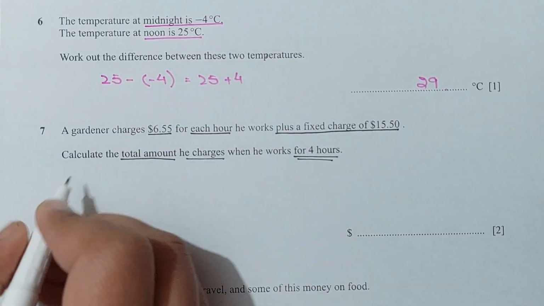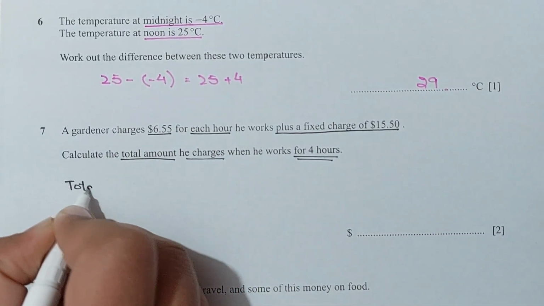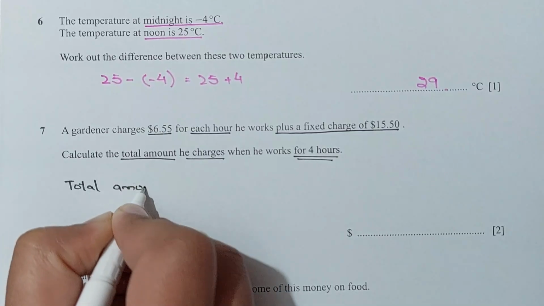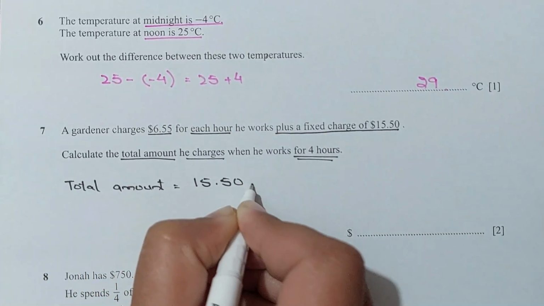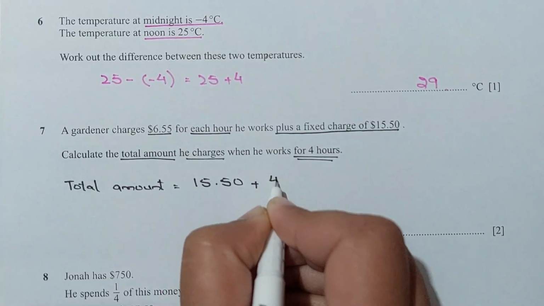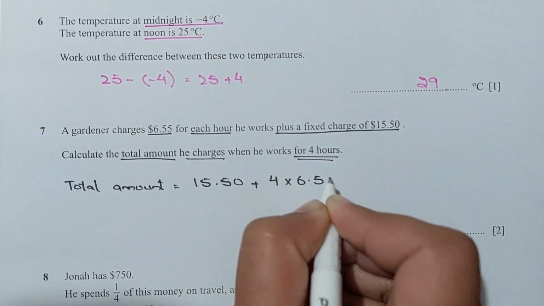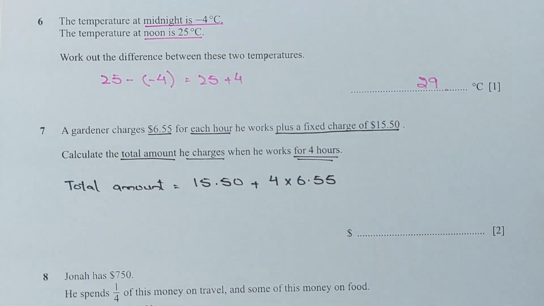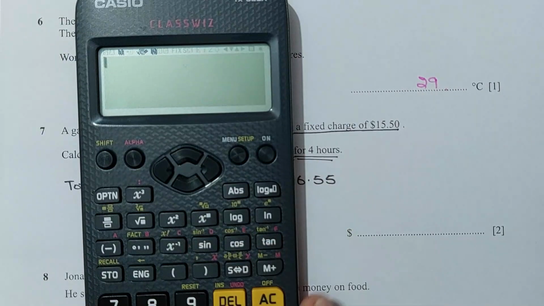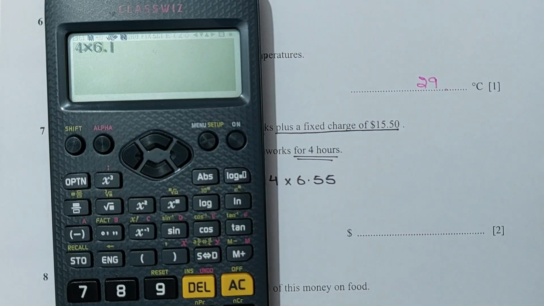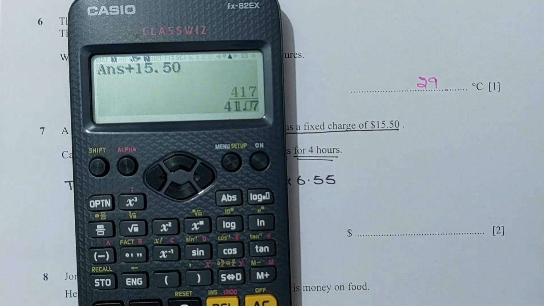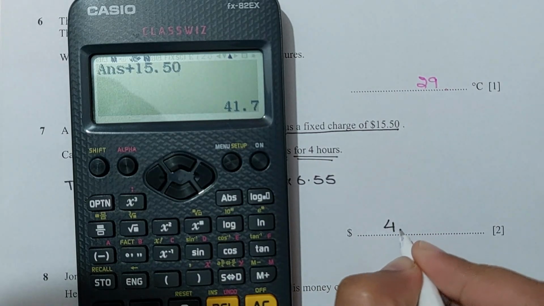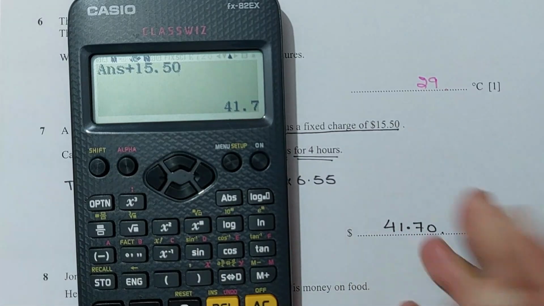So the total amount: the fixed amount is 15.50 plus for each hour, for 4 hours, 4 times 6.55. So 4 times 6.55 and add up with 15.50. This is 41.70.